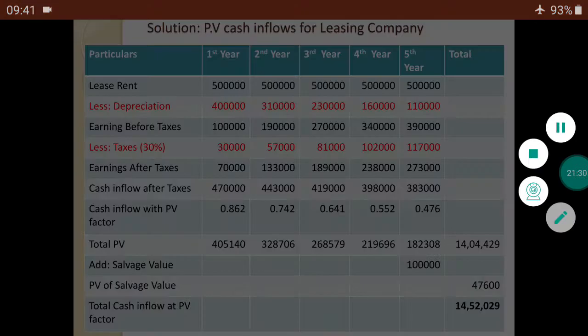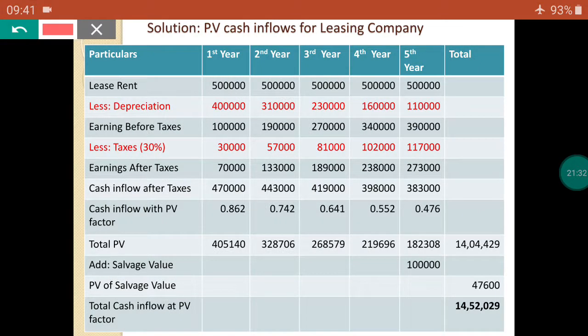Next, come to the cash inflow after taxes. Now here, depreciation 4 lakh, add earnings after taxes 70,000 rupees, you get 4,70,000 rupees for the first year.